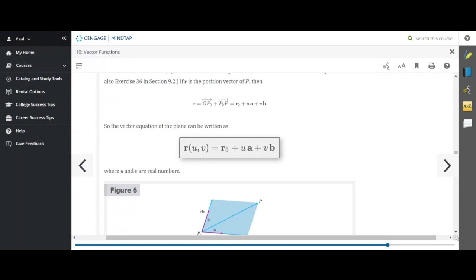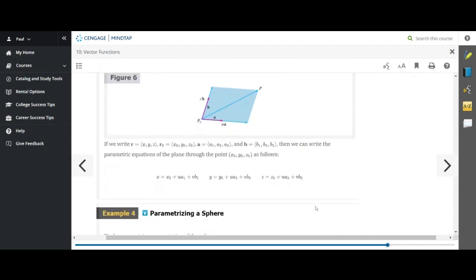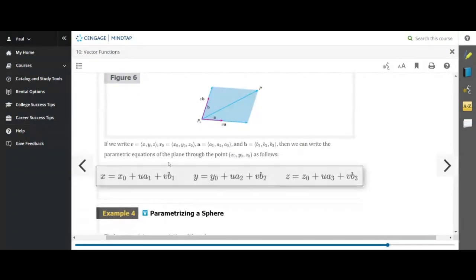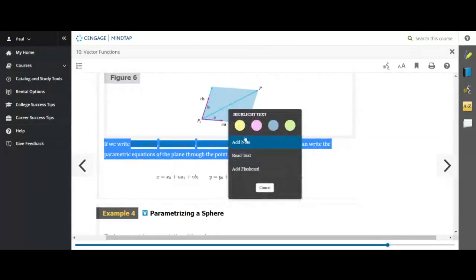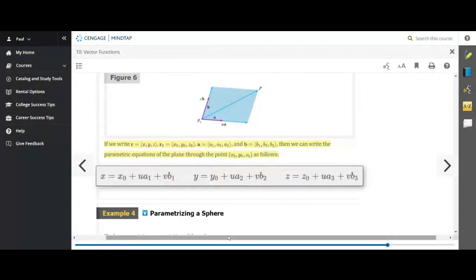And if we wanted to write out the parametric equations, we were to write the vector r sub 0, A and B that way with those components, then these would be your parametric equations. Are there any questions on that?